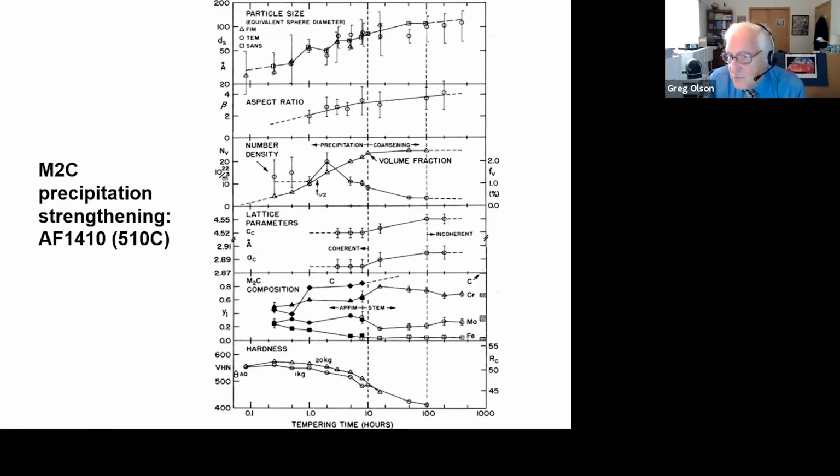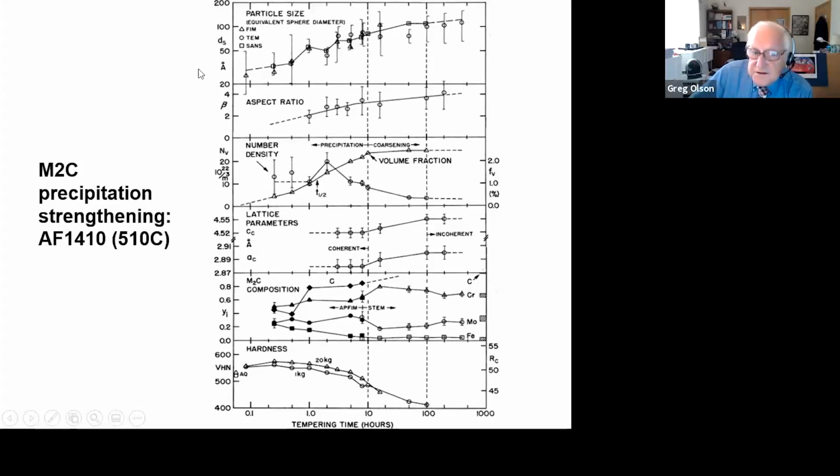So we brought together a wide array of techniques to map the time evolution of the precipitate particle size, the aspect ratio of the carbides, their number density, total volume fraction, and the evolution of the carbide lattice parameters and associated composition trajectory. And then this summarizes the evolution of the precipitation strengthening.